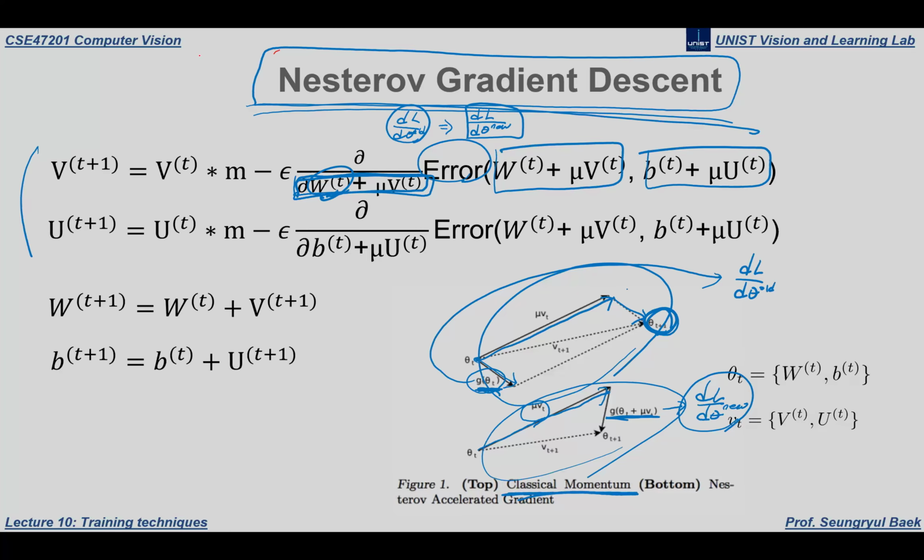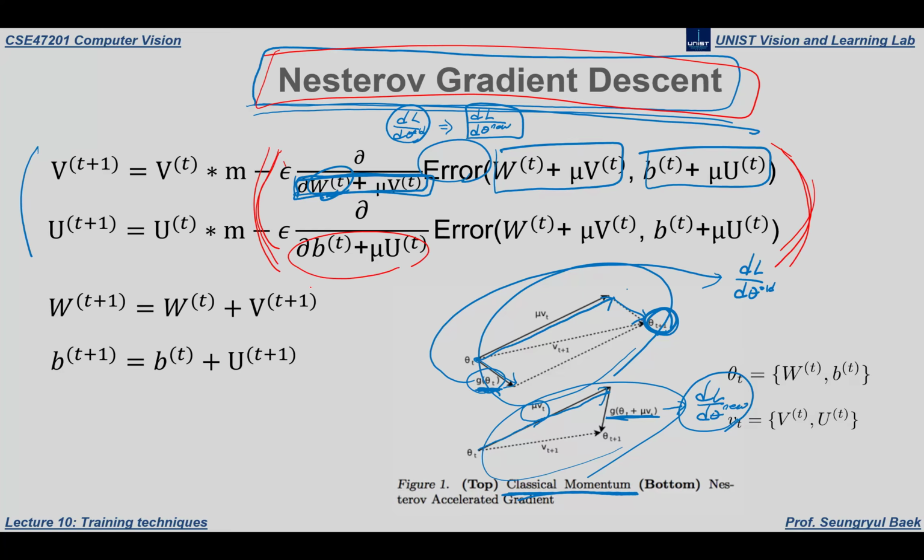And we also learned about Nesterov gradient descent. The idea is that the gradient is calculated after adding the momentum. We want to secure this gradient by differentiating with respect to the updated parameters with the momentum.